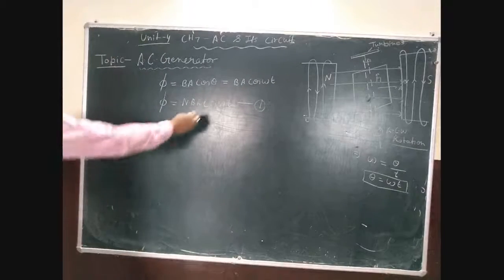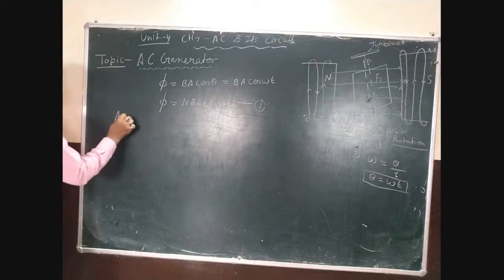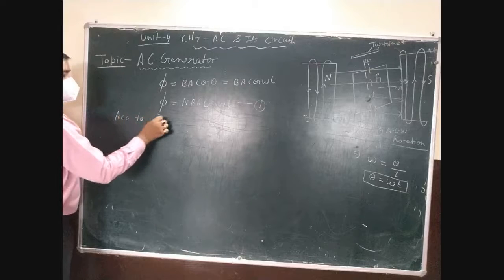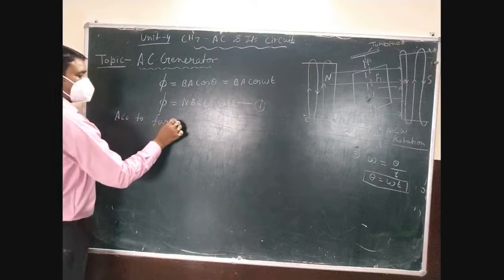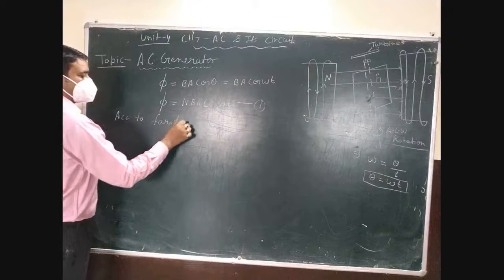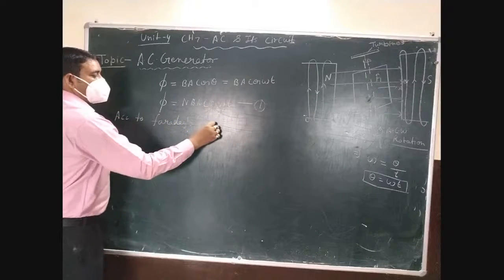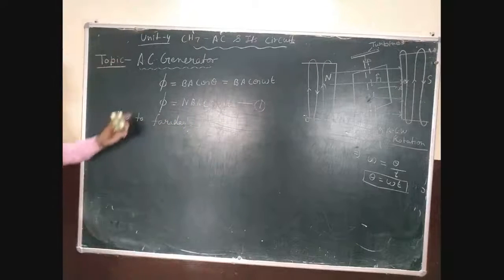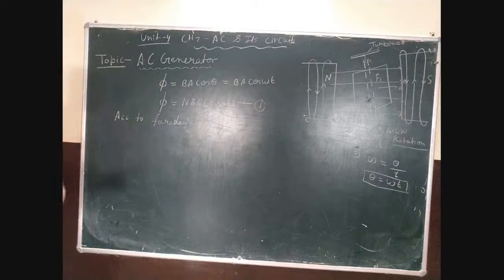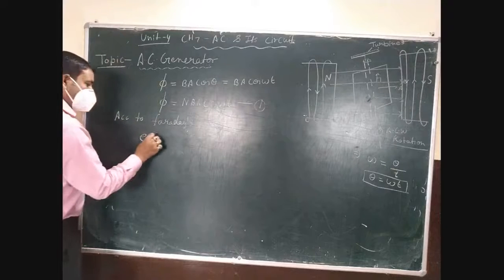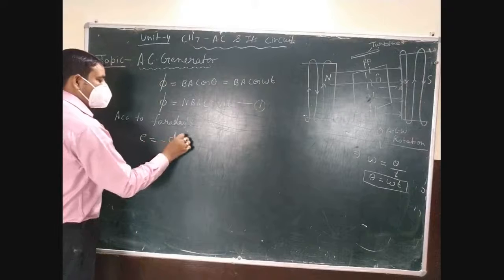Now according to Faraday's law, the EMF induced due to change in flux is given by minus d phi over dt.